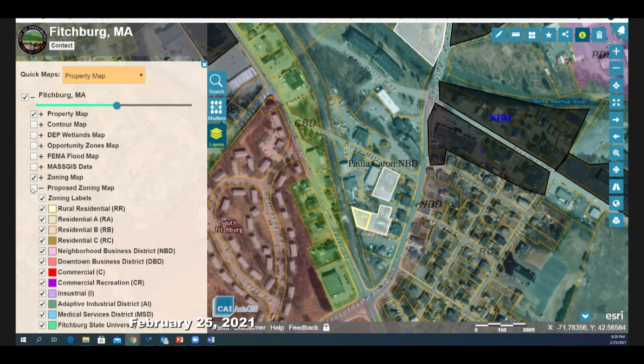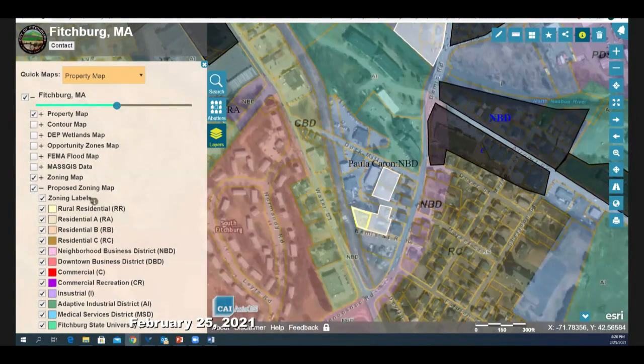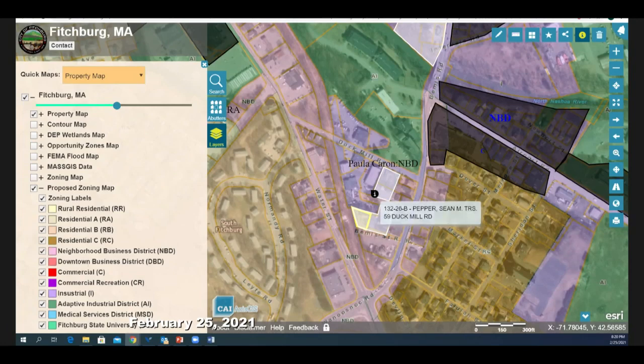It's all industrial. And then the proposed district would change it to MBD. And then Ms. Karen's proposed additions would add these parcels. So basically everything up to here would go to MBD. Everything from Duck Mill over would remain industrial. That makes perfect sense.